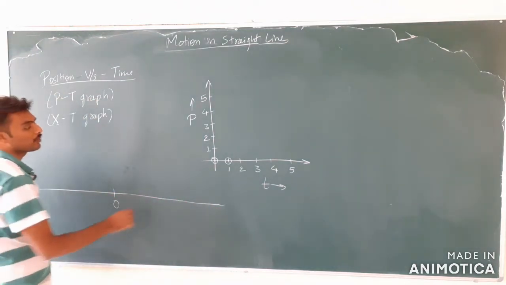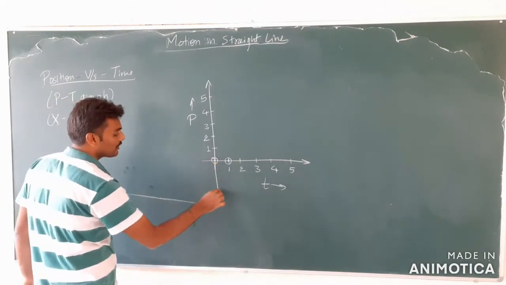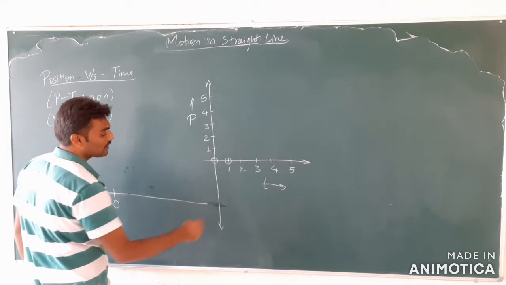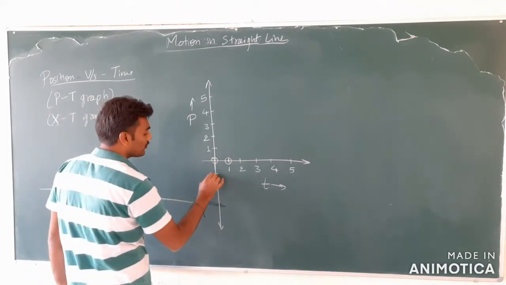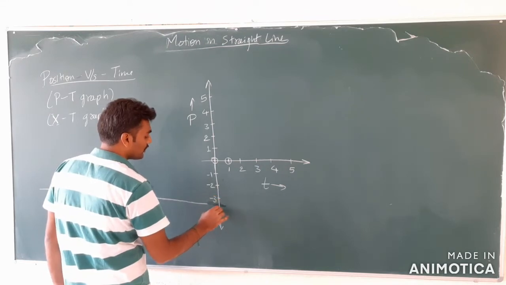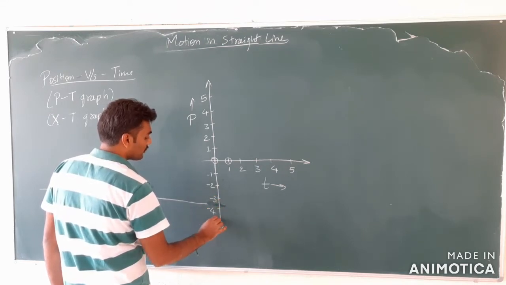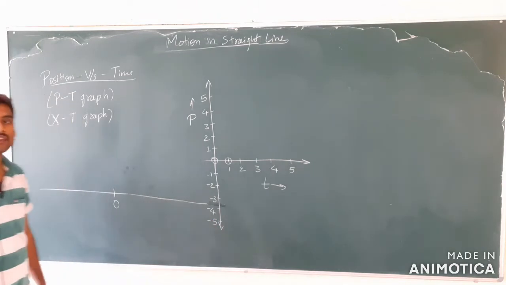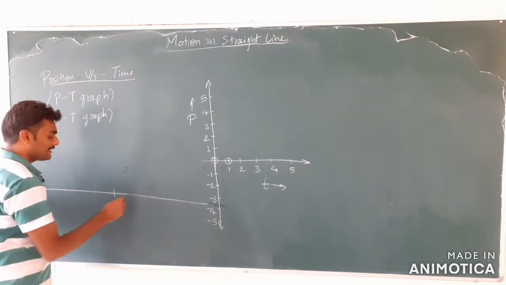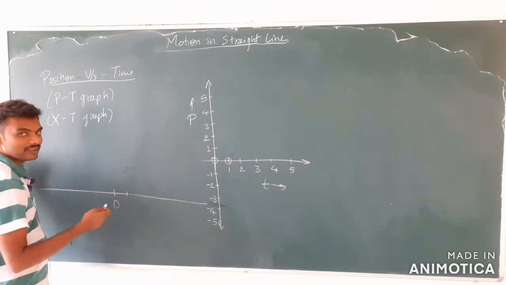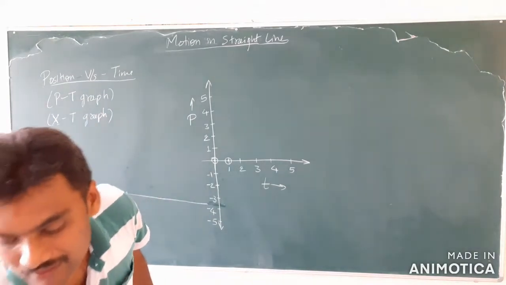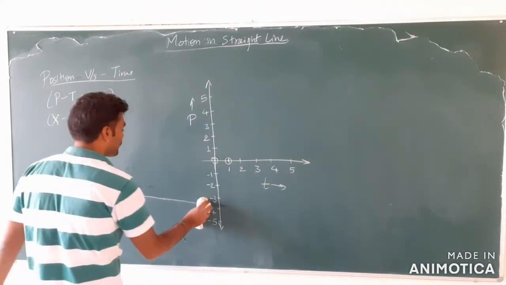So, this is the position 0. I need to extend the graph in both the directions. -1, -2, -3, -4, -5. This is the line which we chose while discussing in the beginning of the chapter, right?